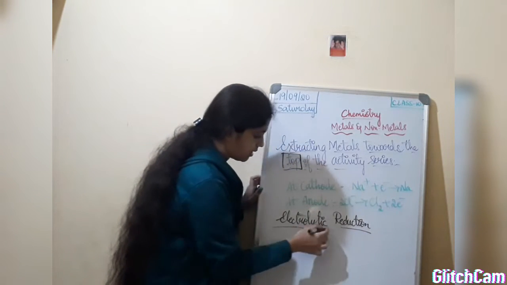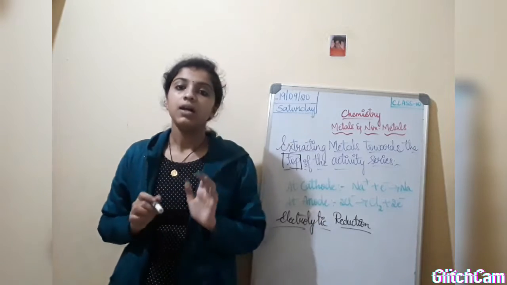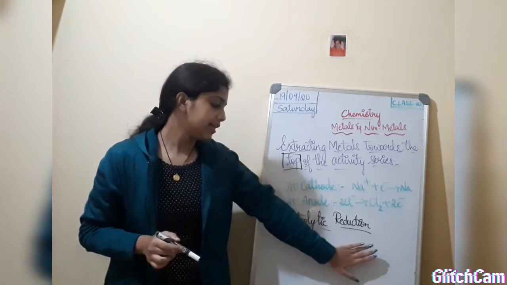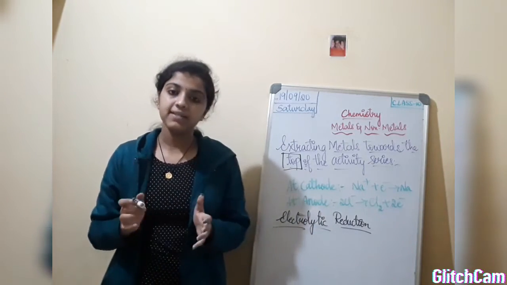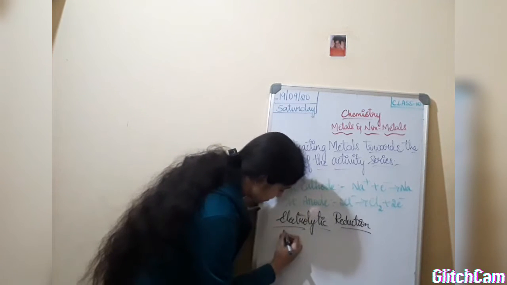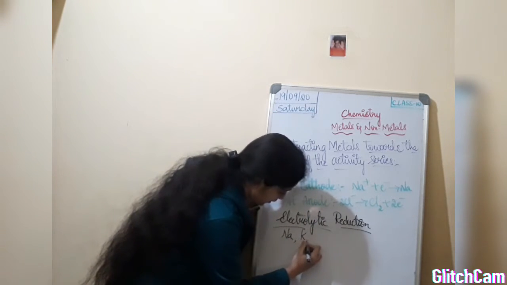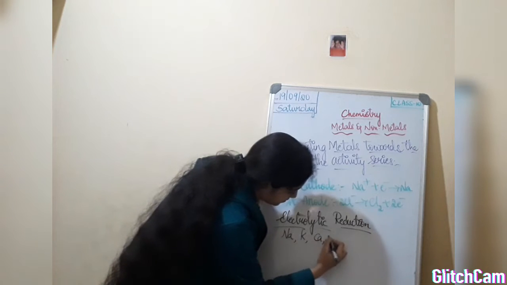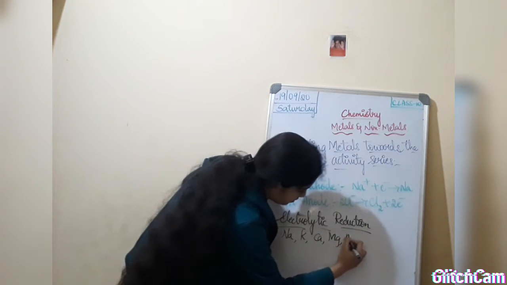Electrolytic reduction is the process used for metals such as sodium, potassium, calcium, magnesium, aluminium.